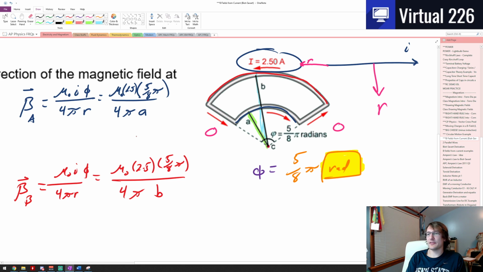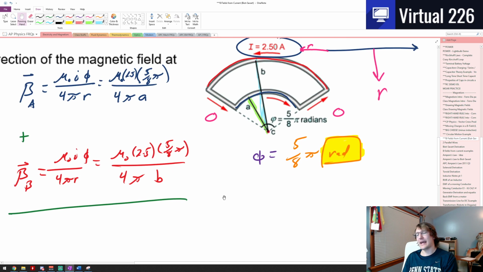Now, if we take the B field from A and add it to the B field from B, we're going to get our total, our net B field. And this is something we need to be careful about. Right hand rule time.